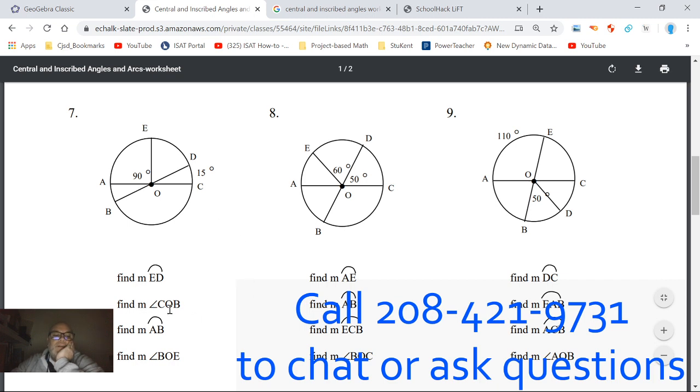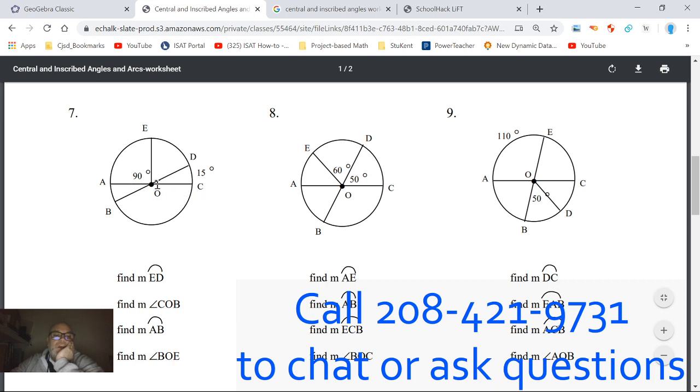All right, it says find the measure of angle COB. That's this one, COB. So this one's 15, we said, right? This one right here is also 15, but this whole thing together is 180. So this semicircle that's formed by the diameter is 180.